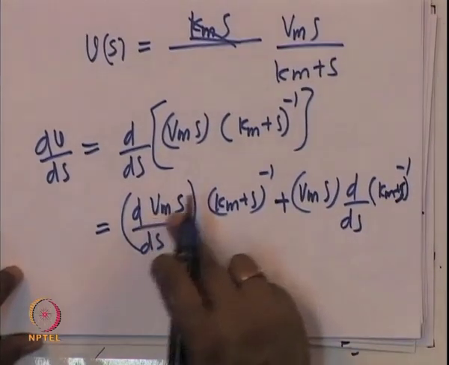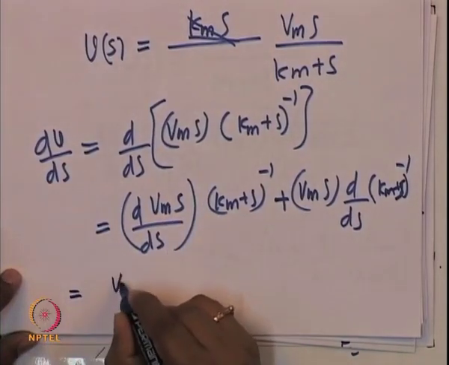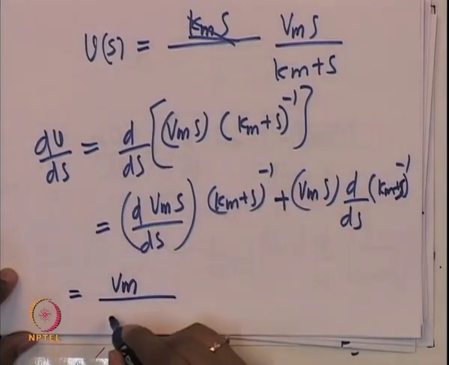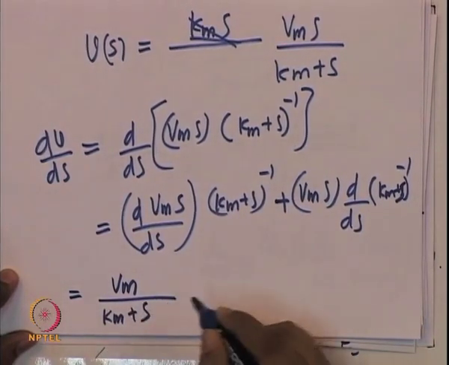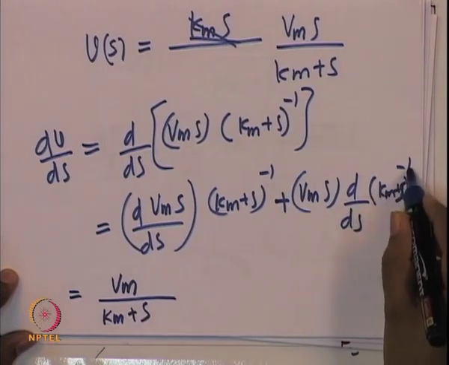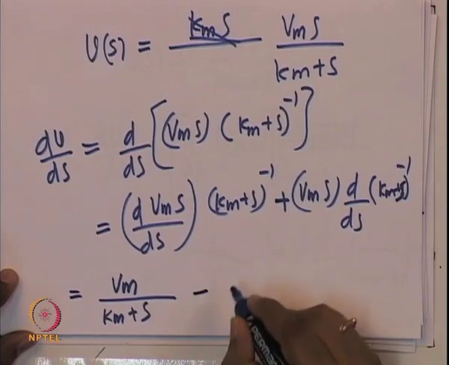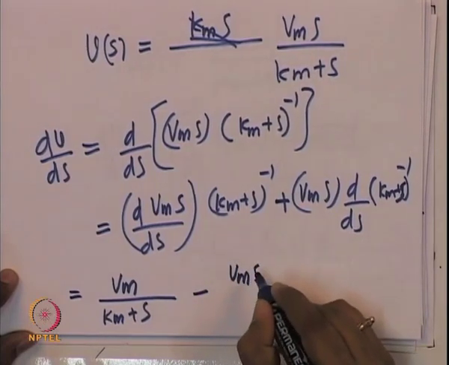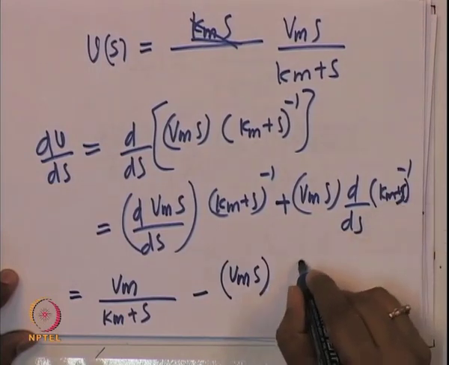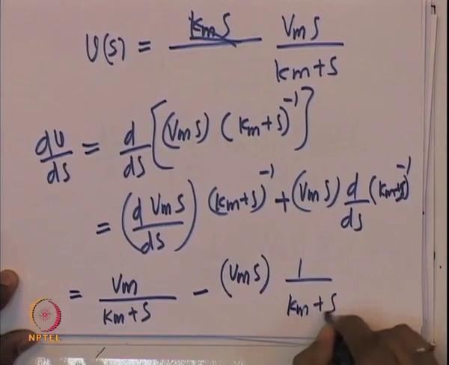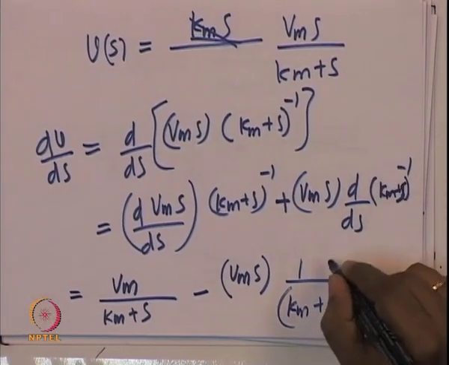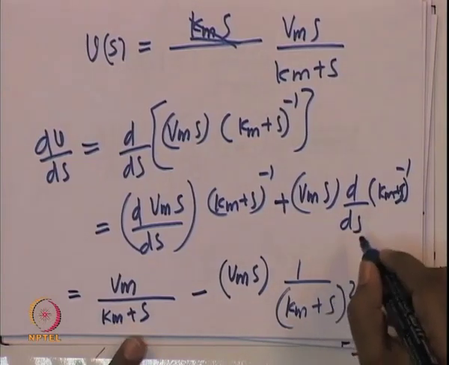So, now what is the derivative of this, which is a constant, which is basically Vm, and you have Km plus S inverse, which is 1 by Km plus S here, and then the derivative of something to the power minus 1 will give a minus, and there you have VmS, and this will have 1 by Km plus S whole square, because minus 1 will have a derivative which is minus 2, which is 1 over 2 into the derivative of this, which is 1.